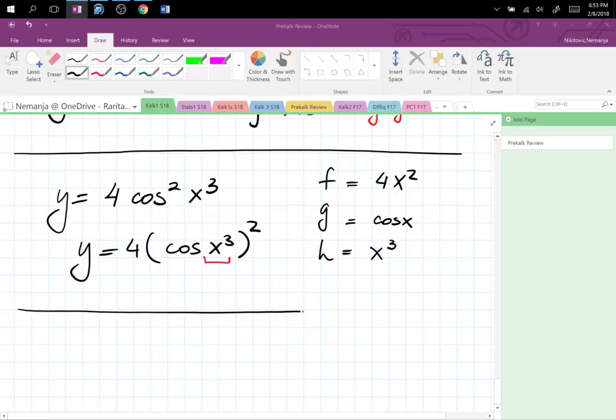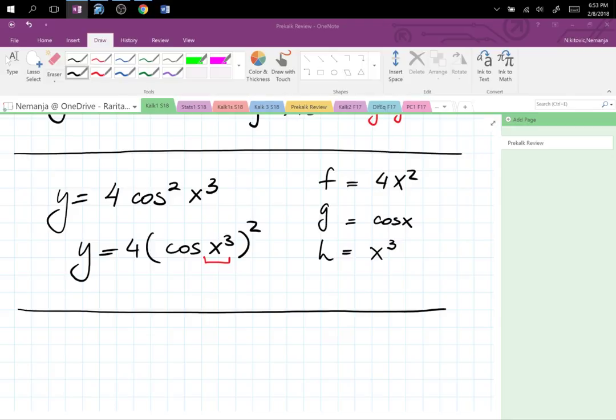I understand that this might be a little bit tricky because you haven't done this in your pre-calc class, but as soon as you practice function composition, function decomposition should kick in at some point when you have enough experience with the ones that you did in class.